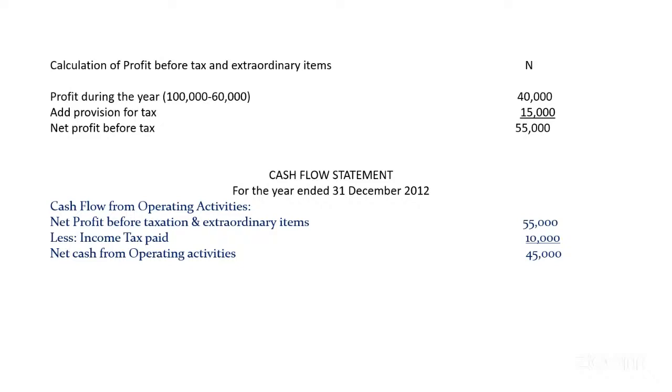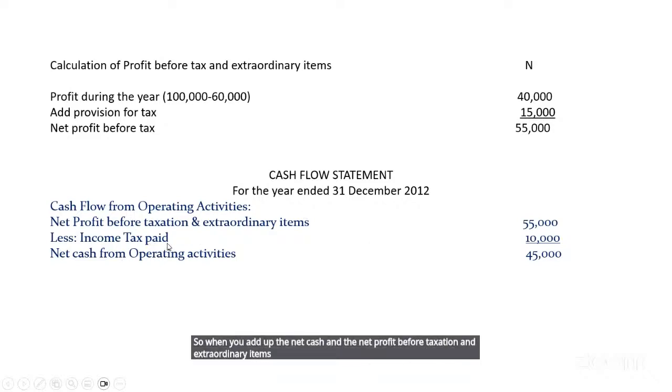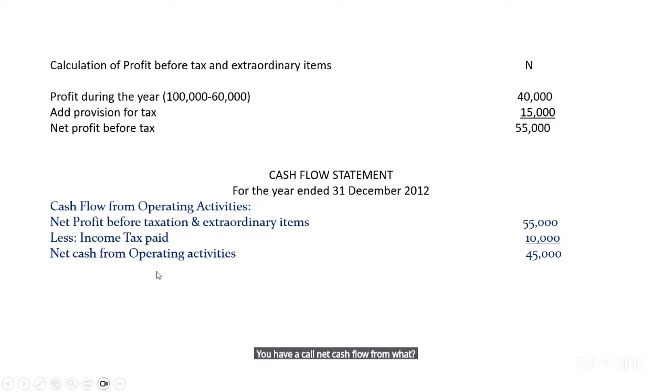So when you add up the net profit before taxation and extraordinary items with the income tax paid, you have what we call net cash flow from operating activities. That is how we treat the direct method.